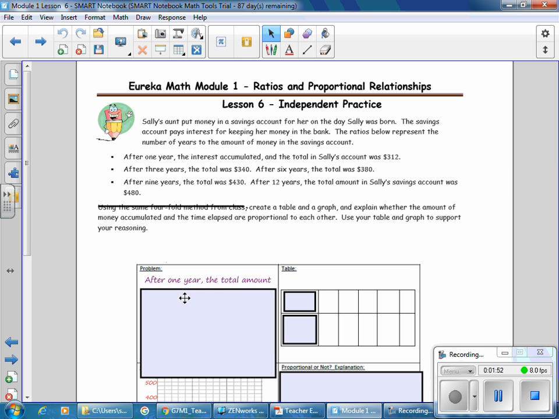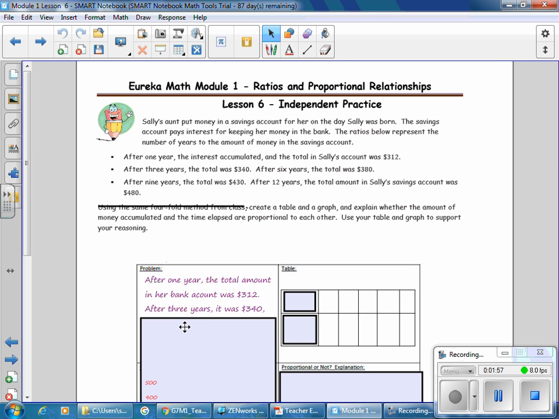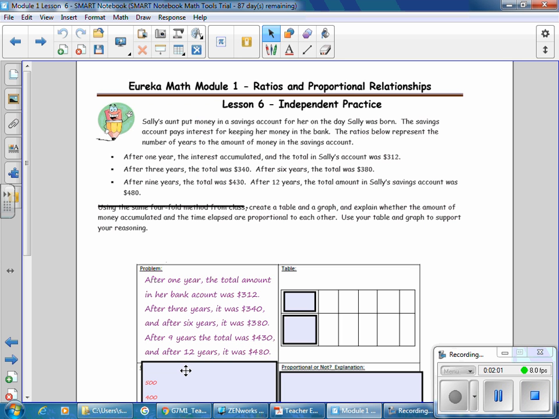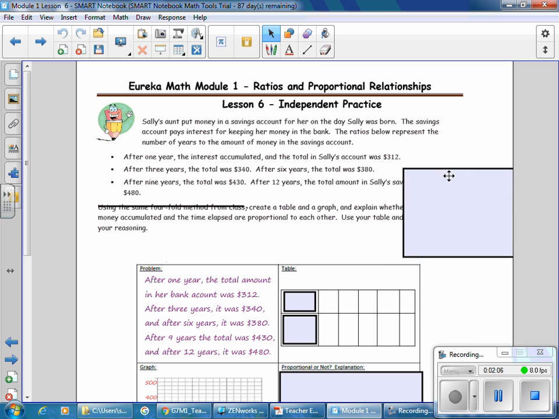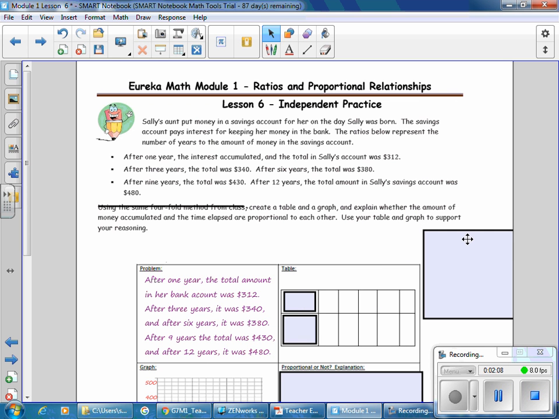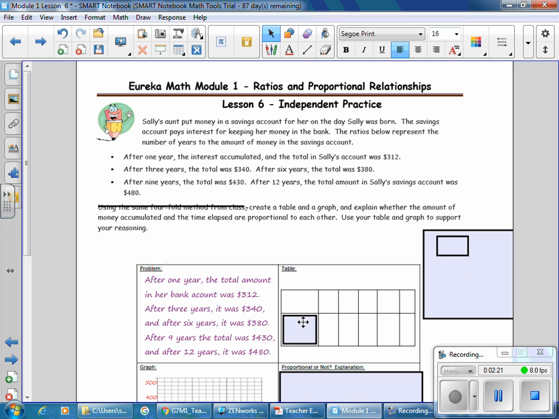So our problem states, after 1 year, the total amount in our bank account was $312. After 3 years, after 6 years, after 9 years, and after 12 years. The task says to create a table to display this data. So remember that the first line in your data table is the X value, and the second line in the table will be the Y value.